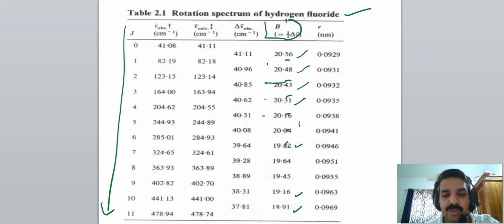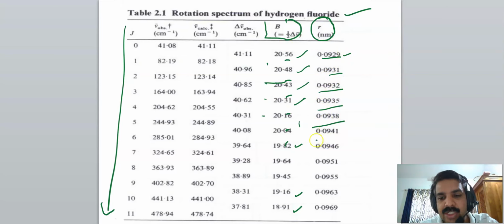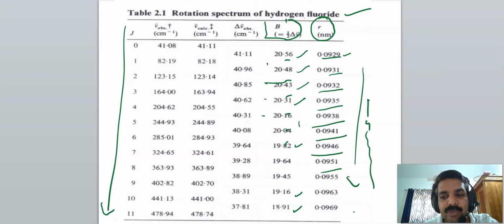Actually, the bond is not rigid. We know the bond is elastic, and there will be vibration. Here we can also see the bond length, which we expect to be constant, but it gradually increases: 0.9929, 0.9931, 0.9932, 0.9935, 0.9938, 0.9941, 0.9946, 0.9951.